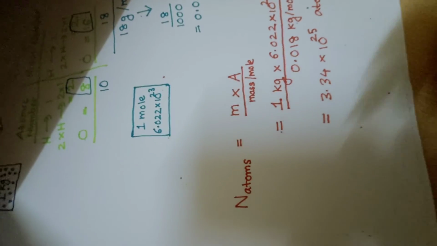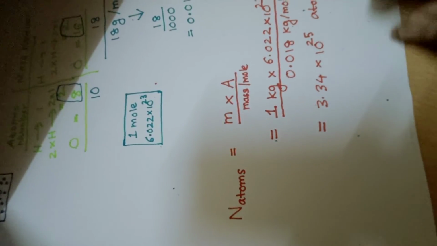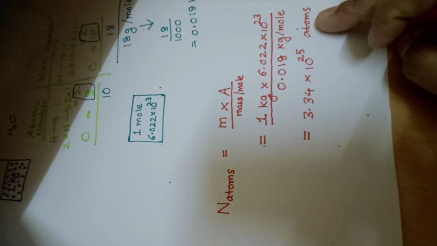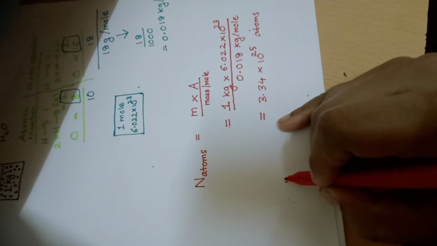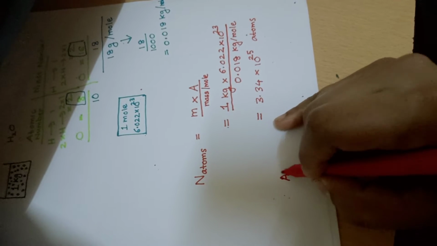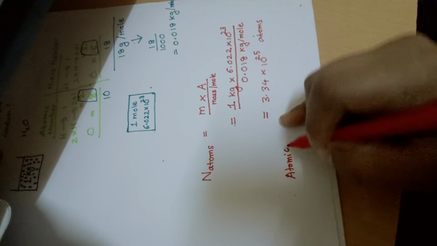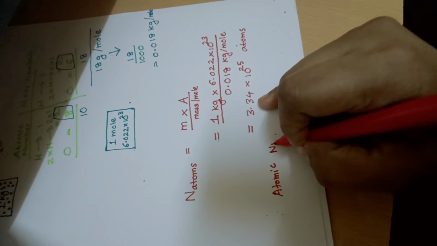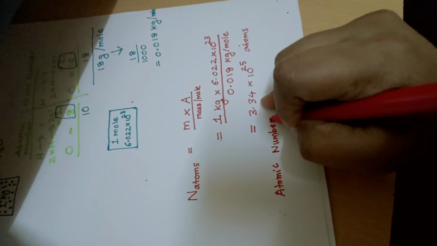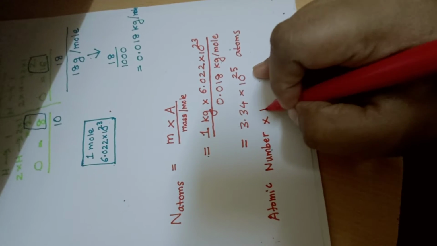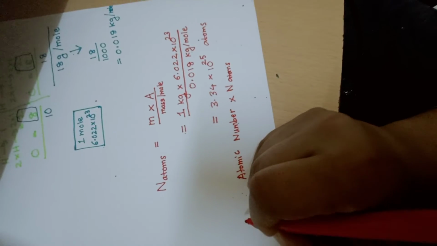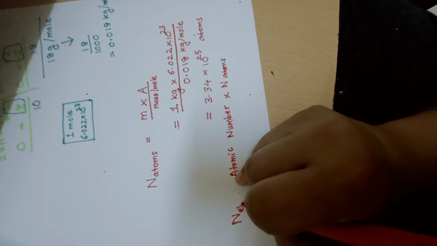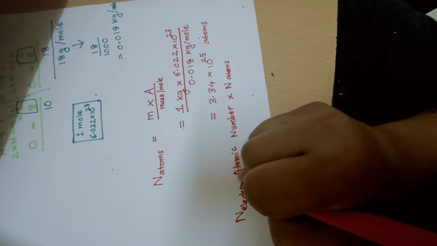Now let's find the number of electrons in these number of atoms. For that, we will multiply the atomic number with the total number of atoms. So atomic number times total number of atoms will give you the number of electrons.